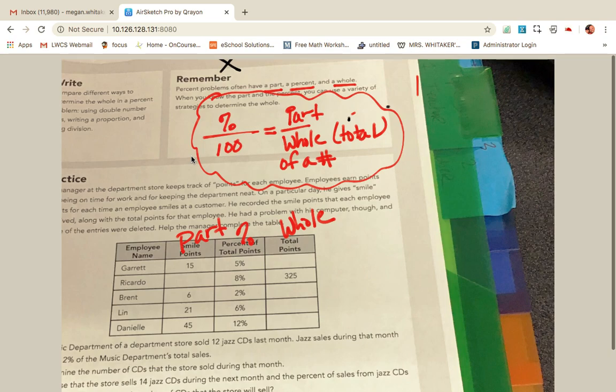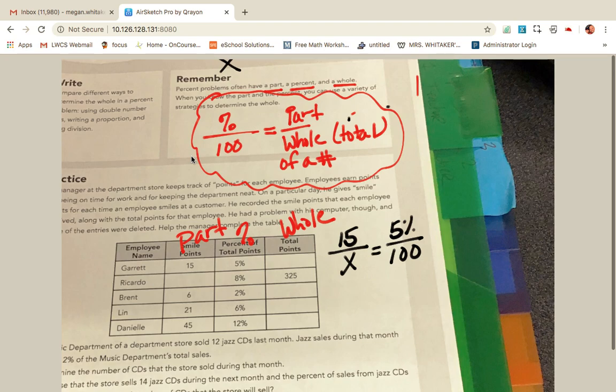So for the first one, it says 15 is the part. We don't know the total, so that's x, is equal to 5%, which goes over 100. In this case, we don't have to simplify anything.